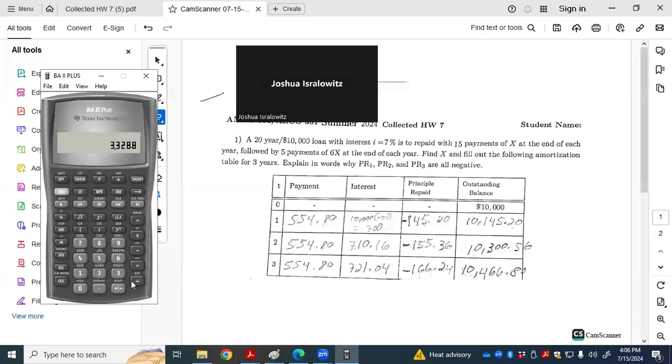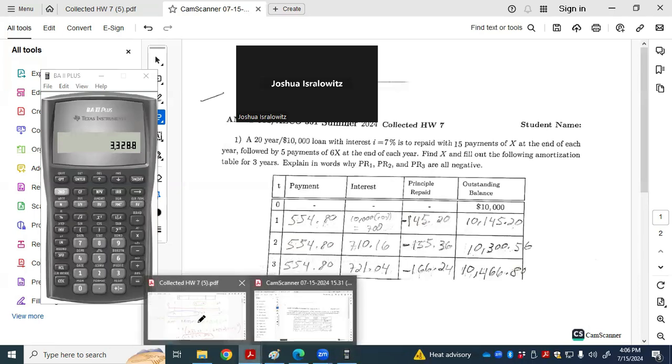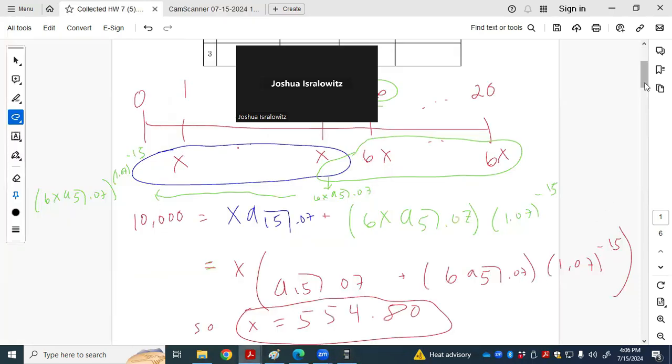The payments are so low and the interest rate is sufficiently high that your payments don't even cover interest. So the interest you owe just gets thrown onto your outstanding balance. Not a good time for anybody unless you're the one making the loan. But if you're the one paying off the loan, it's a bad time. So anyway.